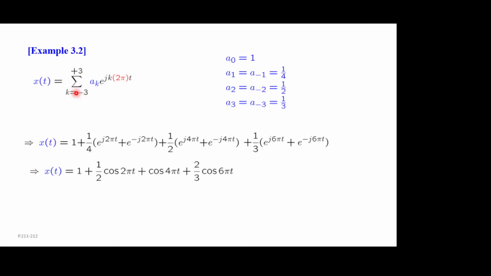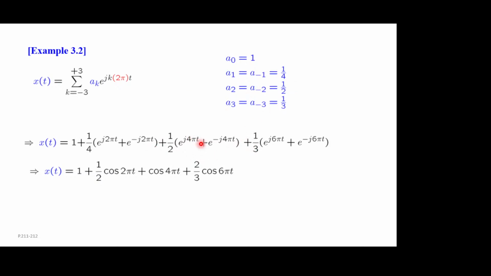If we write the summation with the plus and minus terms together, we have the a0 term, a0 equal to 1 times the k equals 0 term, which is a constant. Then we have the plus minus 1 term, a1, with e to the j plus 1 omega t and e to the j minus 1 omega t. We'll see that omega naught equals 2 pi here.